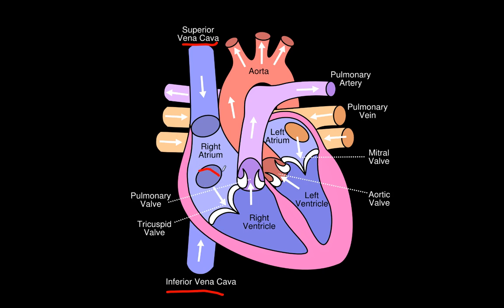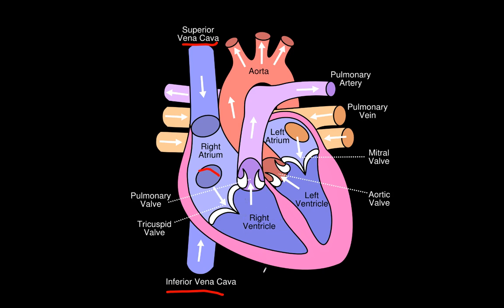Once the right atrium contracts, there's this valve between the right atrium and the right ventricle called the tricuspid valve, and it's going to remain closed as long as the pressure in the right ventricle exceeds the pressure in the right atrium. So the right atrium contracts, the pressure in this right atrium is going to increase until we open up the tricuspid valve and push the blood into the right ventricle.